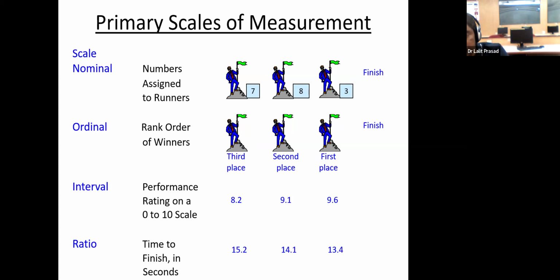That's why the number is in decimal, you can see here 9.6. It is a rating scale, a 10-point scale. You rate between 0 and 10. It will come in decimal also. So 9.6 obviously for the one who reached first, then 9.1, 8.2. Now, in this interval scale, you can find the difference between second rank and first rank is 0.5.